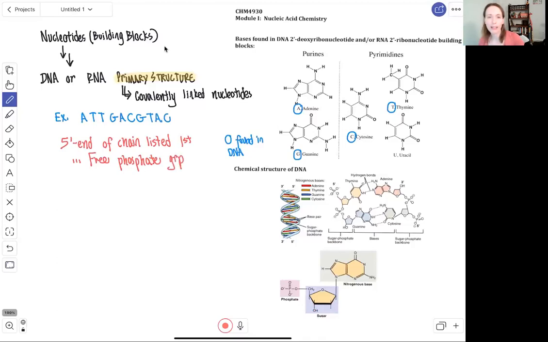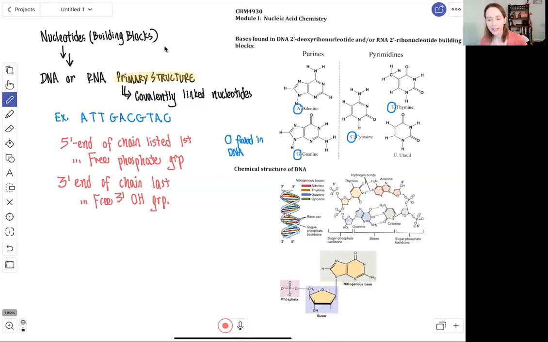On the other hand, when we get to the very other end, which could be millions of nucleotides away of this covalently linked chain, the other end of the chain is called the 3' end, and that is listed last at the far right. And that's going to have a free 3' hydroxy group.